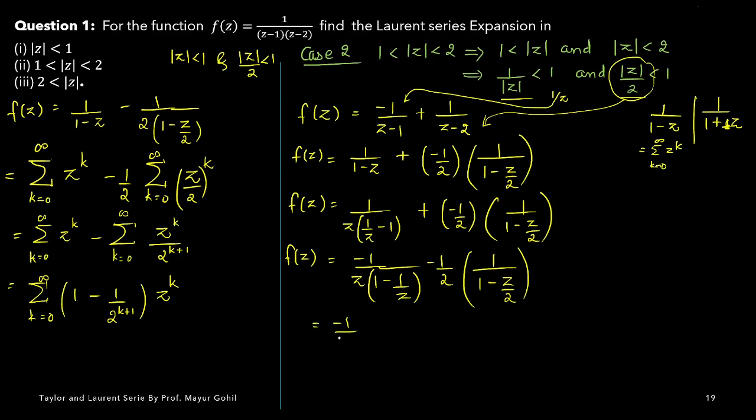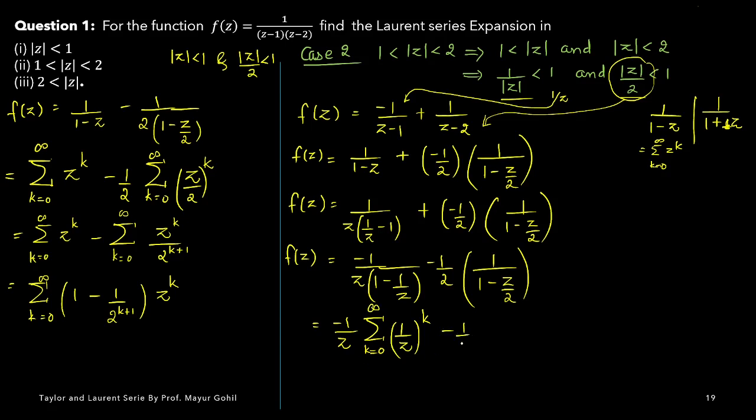Therefore, minus of 1 by z times summation of 1 upon z whole raised to k, k running from 0 to infinity.